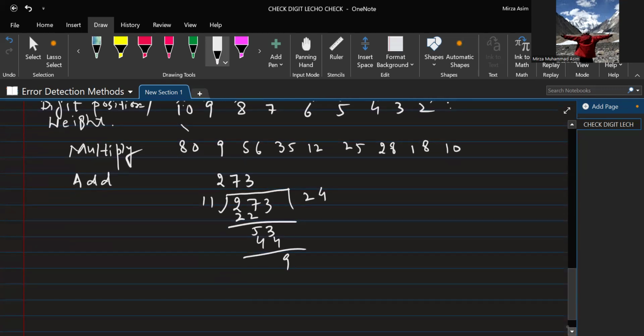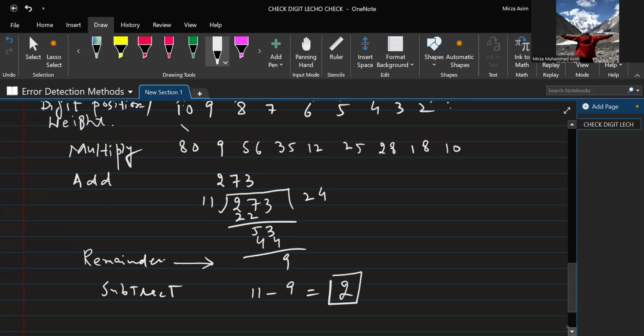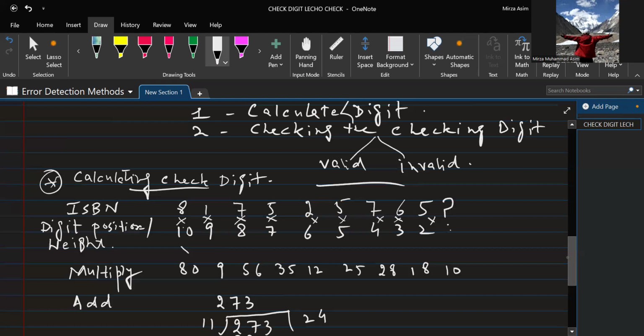In the last step, we have to subtract 9 from 11. And here you go, this is the check digit, right? 2. So now I can write here, the check digit is 2. What happens when the barcode scans this code?